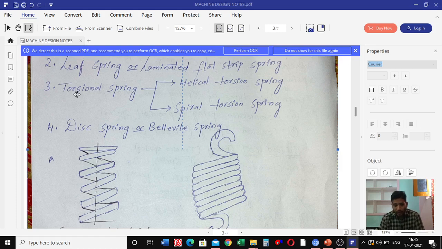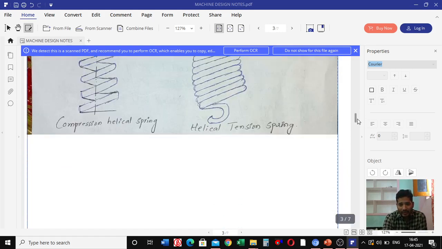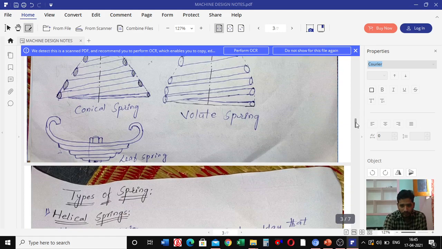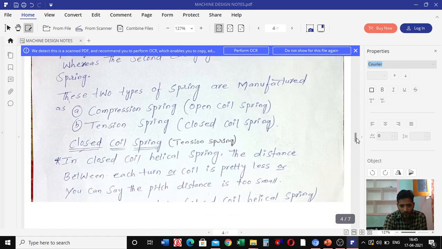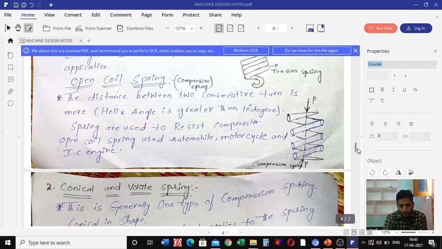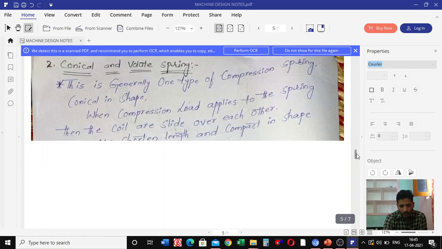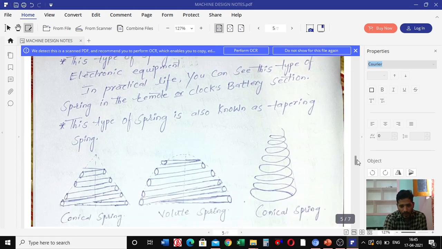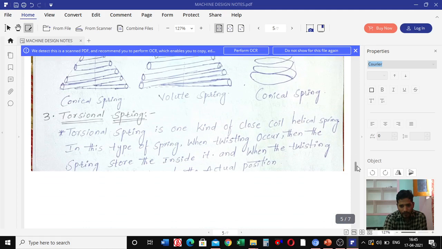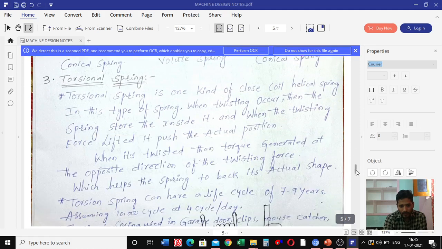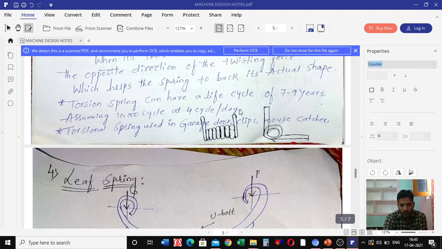If you see the figure, you can easily understand.